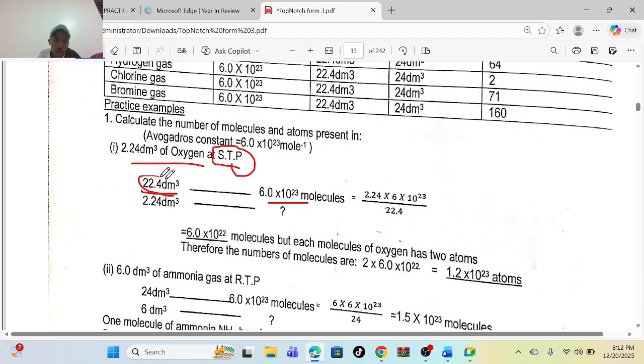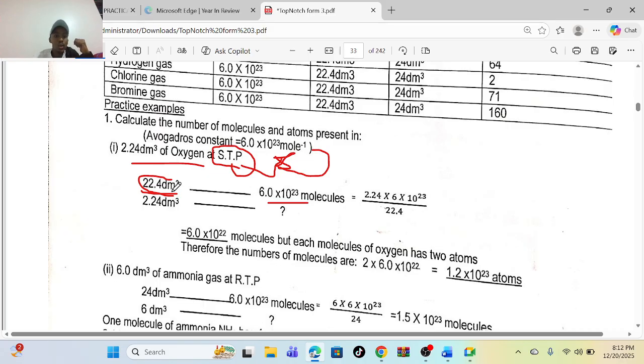Because 22.4 tunatoa wapi? Because umetuambia it is standard temperature, STP. So at STP, the molar gas volume of this gas is equal to 6.0 times 10 raised to power 23, that is the Avogadro's constant.